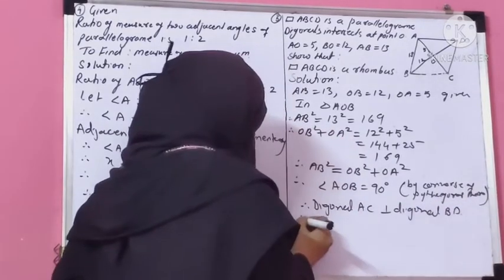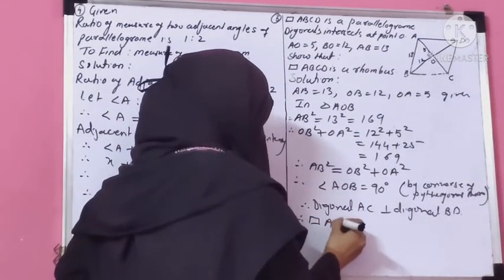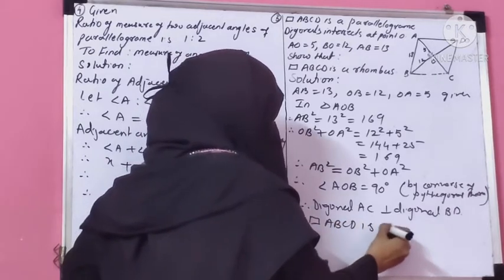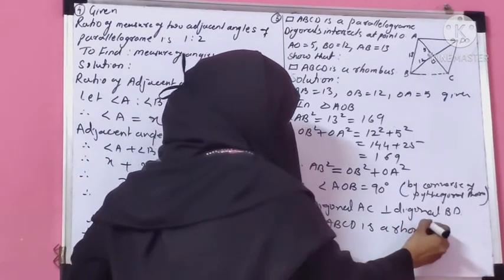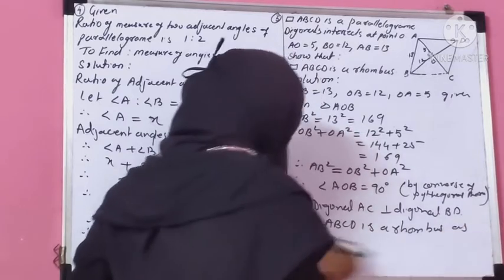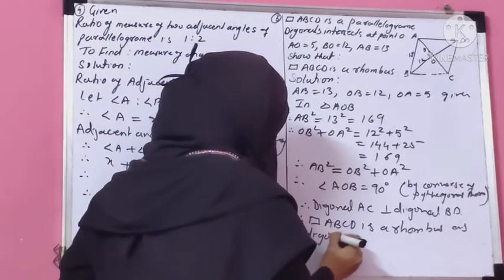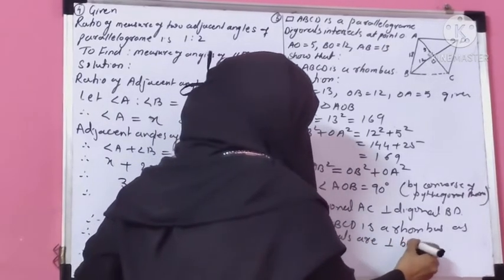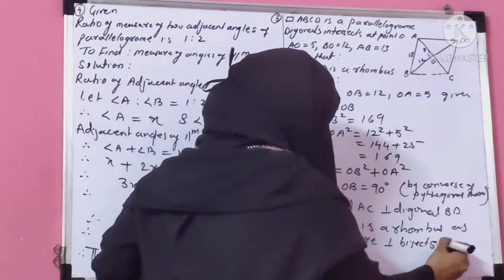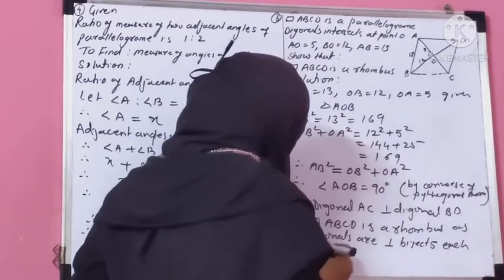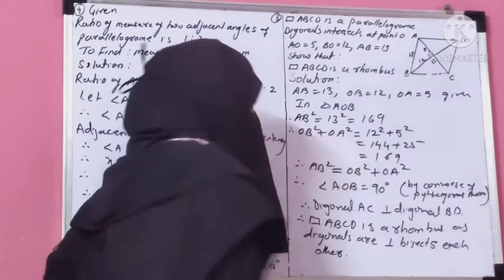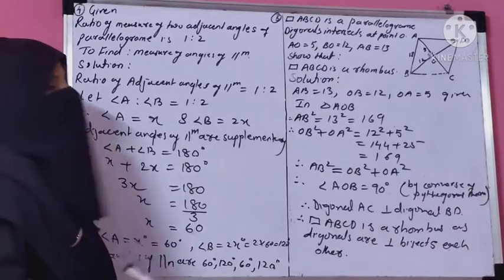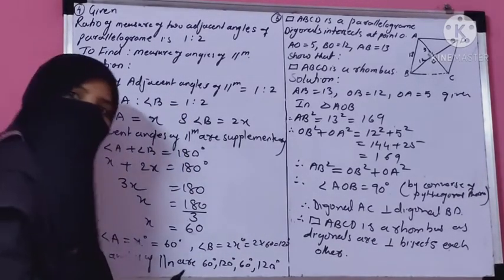So therefore quadrilateral ABCD is a rhombus, as diagonals perpendicular bisect each other. As these diagonals perpendicular bisect each other, this quadrilateral is a rhombus.